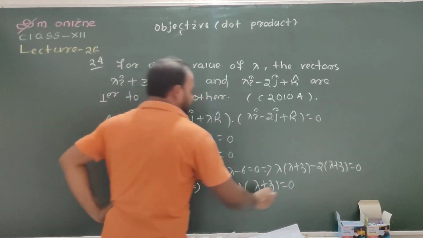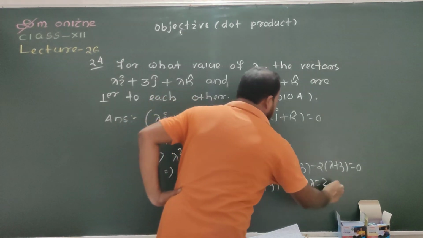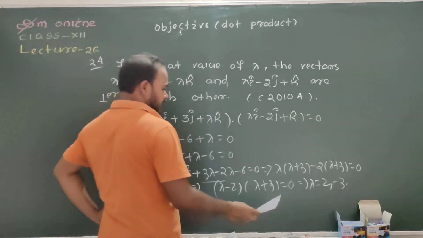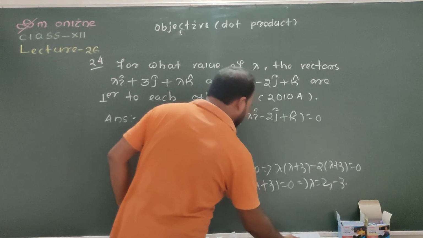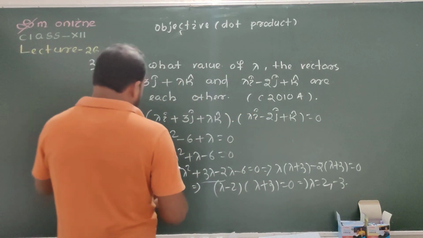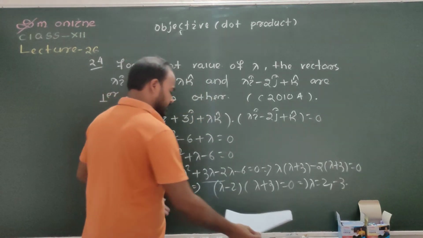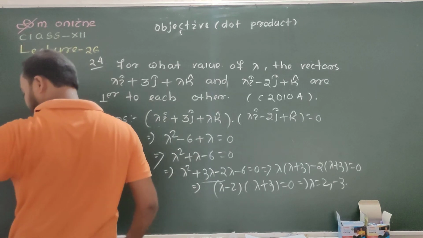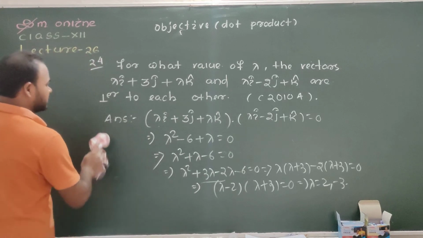So lambda equal to 2 and minus 3. This was question number 24. Now move to question number 25.